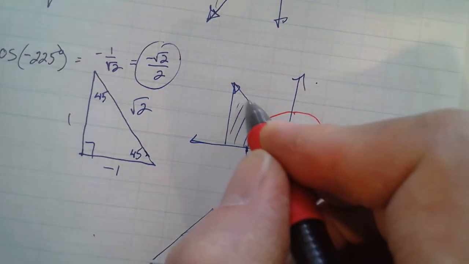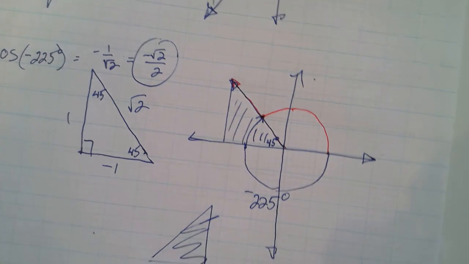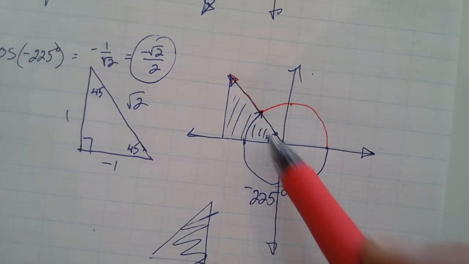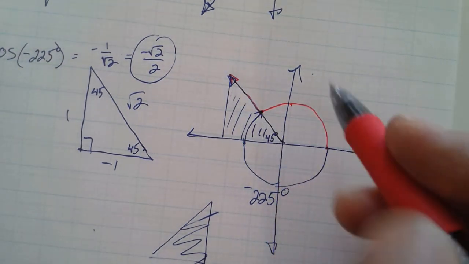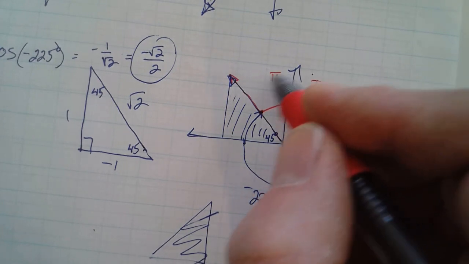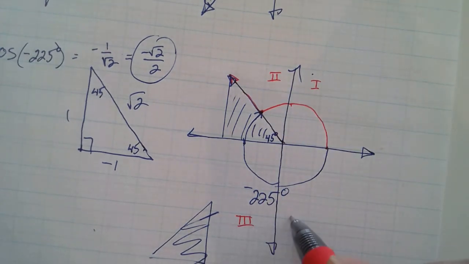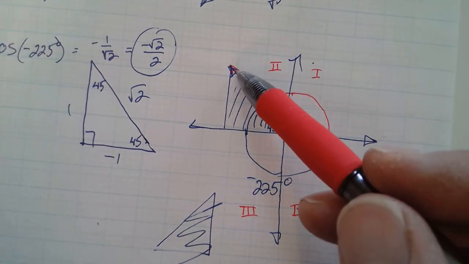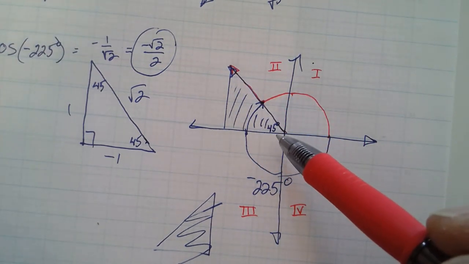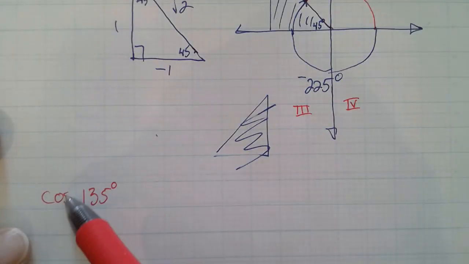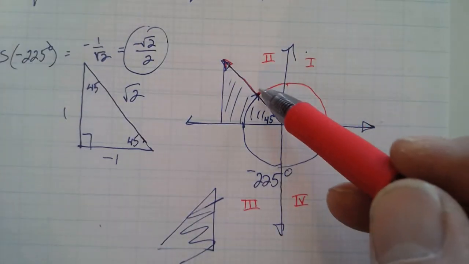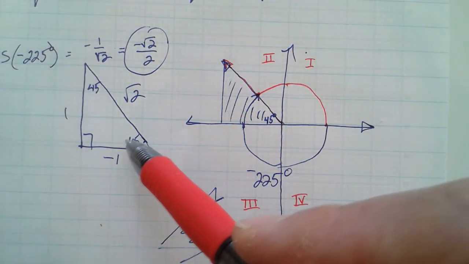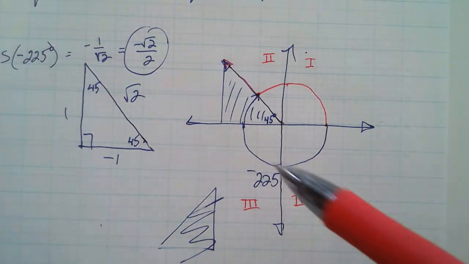So there's my terminal side. They actually land in the same quadrant. This is quadrant 2. And the triangle is literally the same thing. So the cosine of 135 degrees would be negative 1 over square root of 2, or negative square root of 2 over 2.